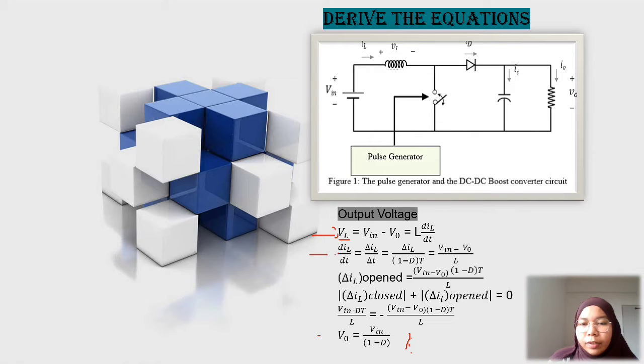The change of inductor current when closed plus the change of inductor current when open is equal to 0. And lastly, we get the output voltage is equal to the input voltage divided by 1 minus the duty cycle.